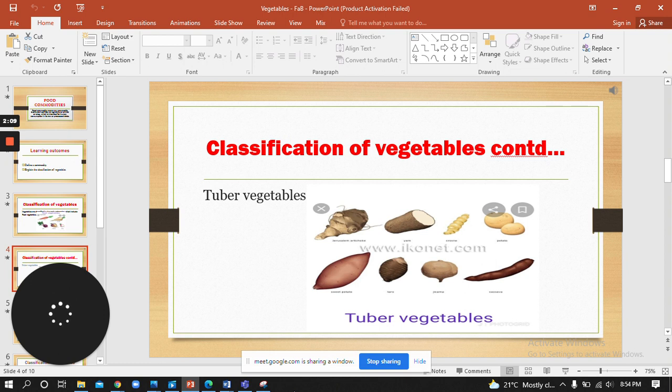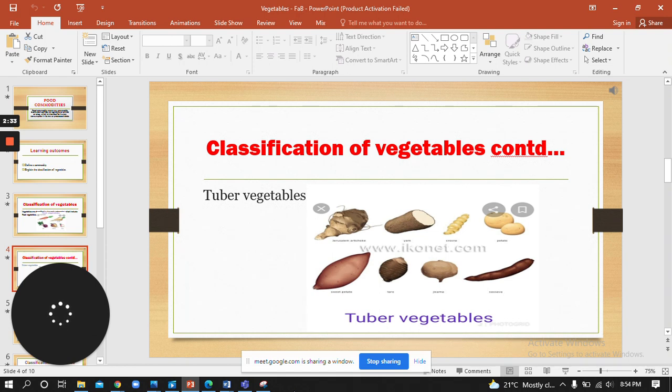The second category of vegetables we have are the tuber vegetables. These are the vegetables that also grow under the ground. But as I said earlier, here is where we need to get the difference between the tubers and the root vegetables. The tubers are mainly carbohydrate in nature, while the root vegetables are mainly vitamin in nature.